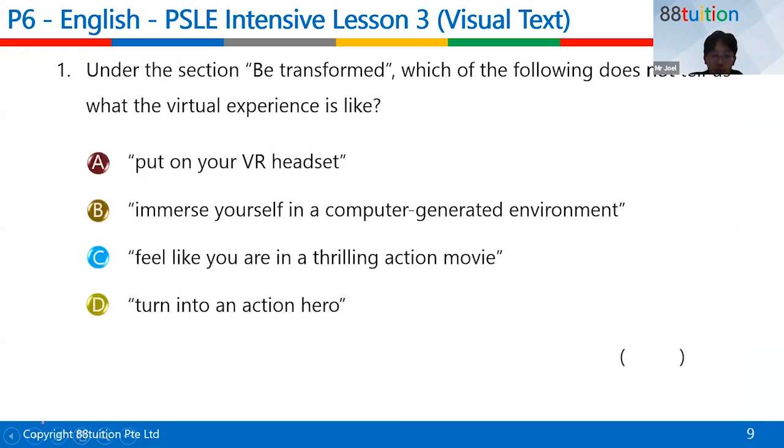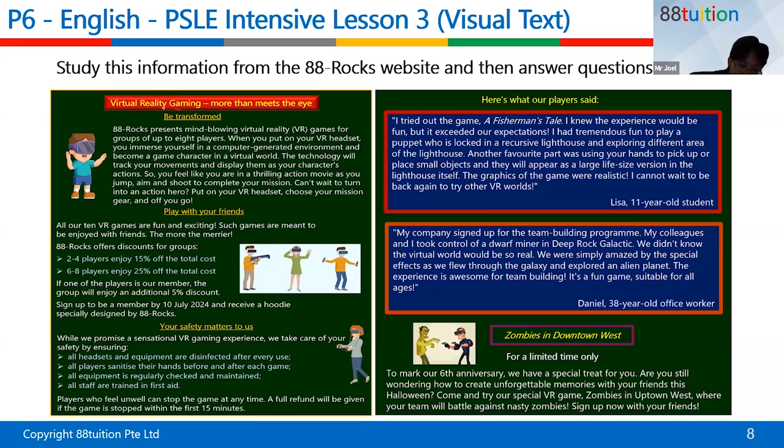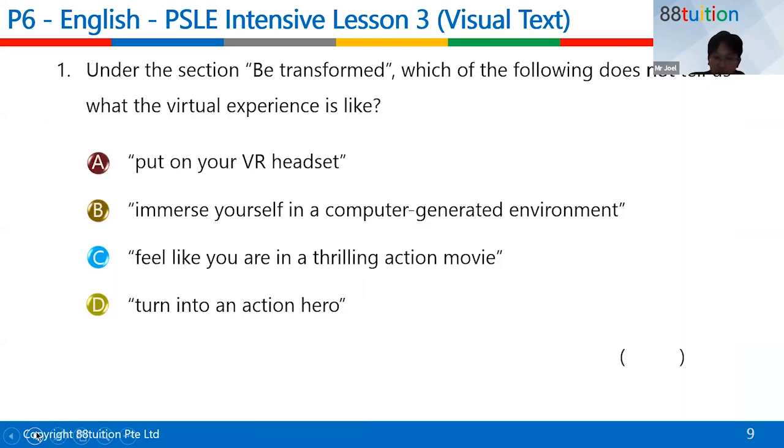So for example, question 1 over here, it says under the section "Be Transformed". So where is that? Go back to the poster, have a look. There we go. It's the very first part. It says "Be Transformed" in the first paragraph. Which of the following does not tell us what the virtual experience is like? Does not. Okay.